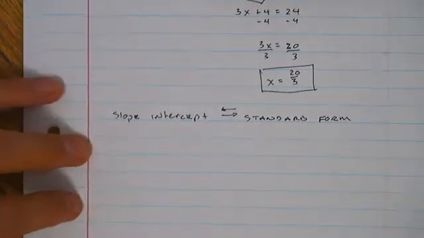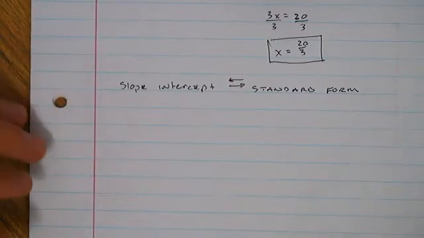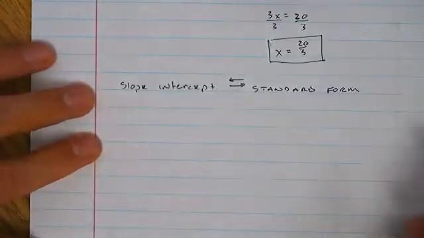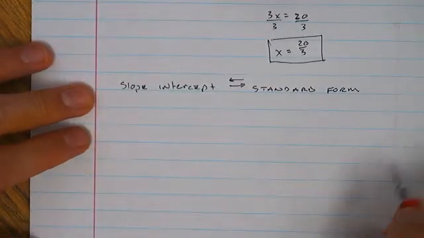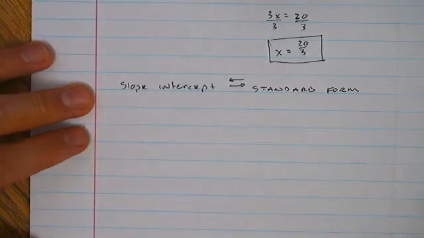Standard form for me is actually going to be preferred unless we're graphing something. Slope intercept is definitely the preferred graphing approach. All right, so just going to look at a random slope intercept equation and convert it over to standard form, and then we'll go back to that equation.